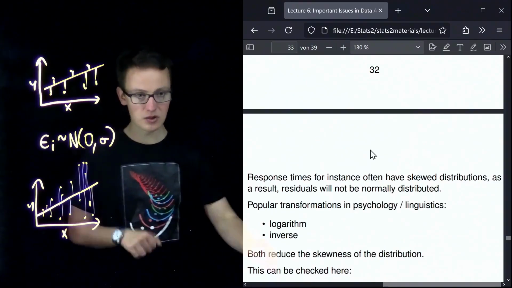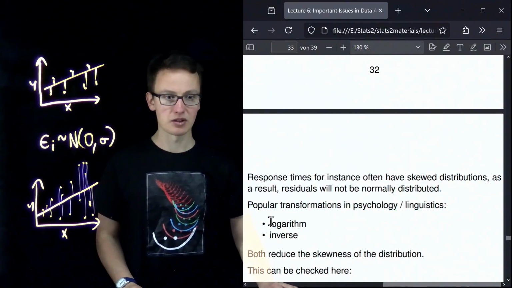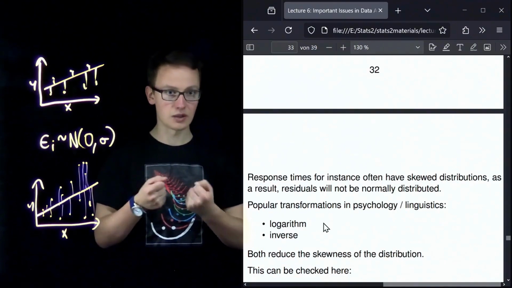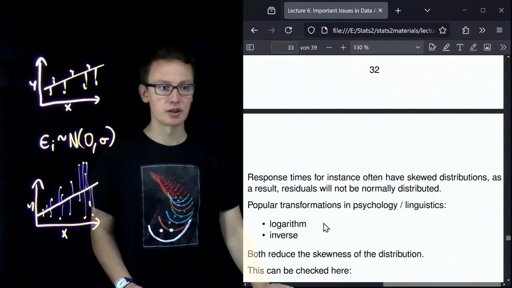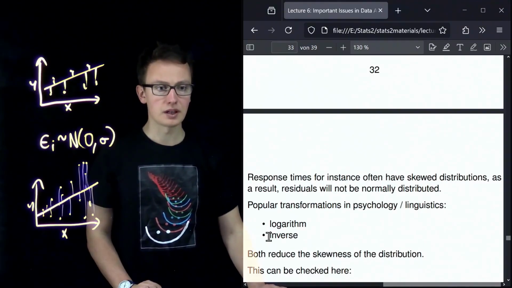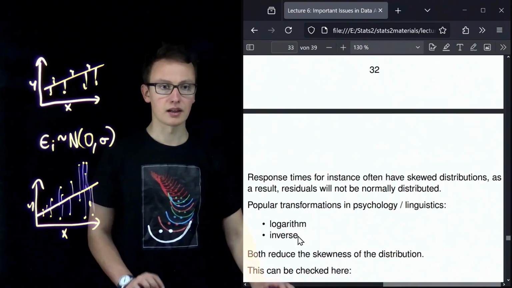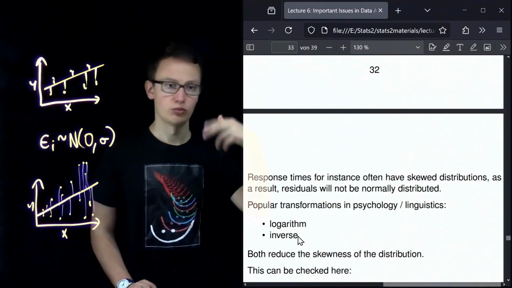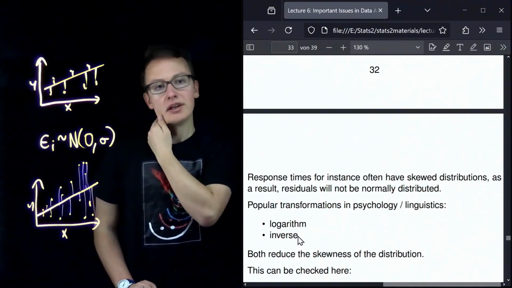One such transformation, which is very popular in linguistics and psychology, is the logarithmic transformation, which would just mean you take the logarithm of the raw reading time and you get a so-called log reading time out of it, and that will be your new dependent variable. Another is the so-called inverse transformation, which is basically taking -1 divided by the raw reading time, or whatever the dependent variable value is.